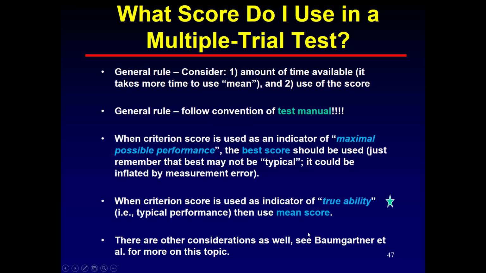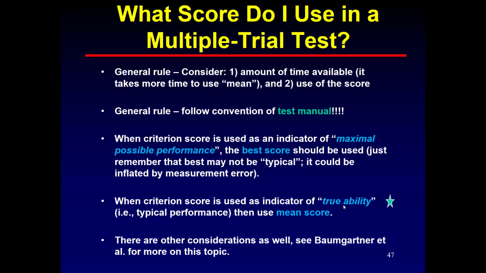Well, there's some good general guidelines on this. First of all, you look at the test manual and you follow the convention of the test manual from whoever described that test originally. But in general, if we're interested in maximal possible performance, you're going to take the best score. If you're really interested in true ability, remember that we're going to have random error that's going to have some high scores, some low scores.